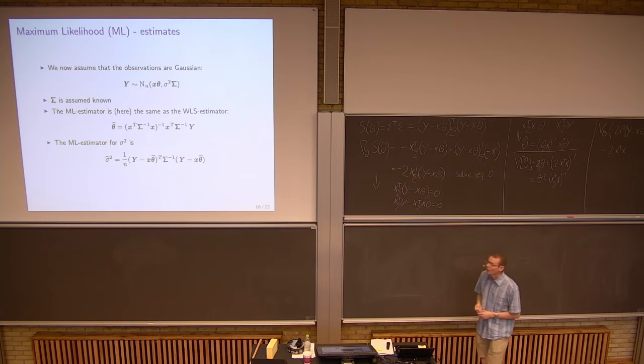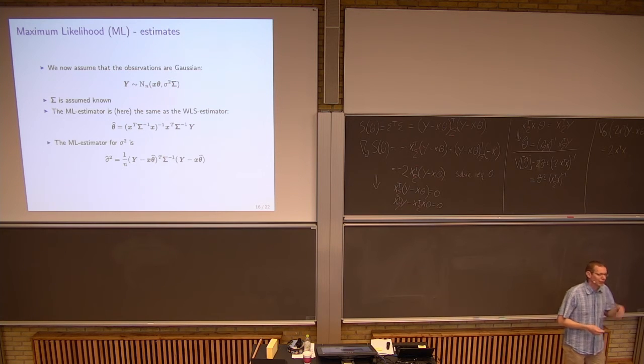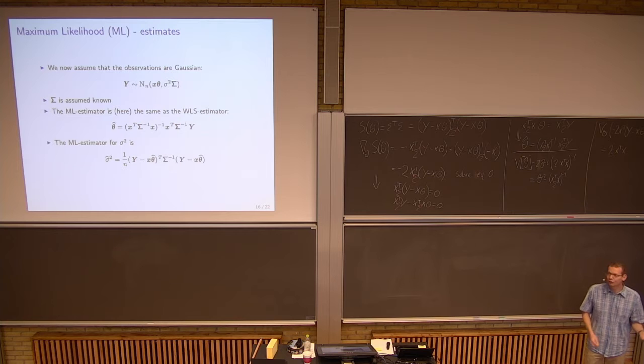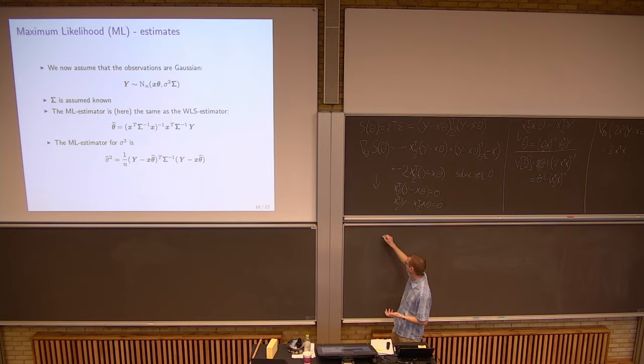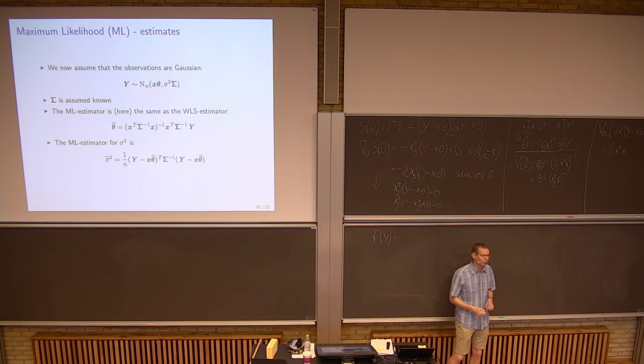Now, what I wanted to get to is, what did we do last time when we defined the multivariate normal distribution? We defined the density. I don't know if you recall it.